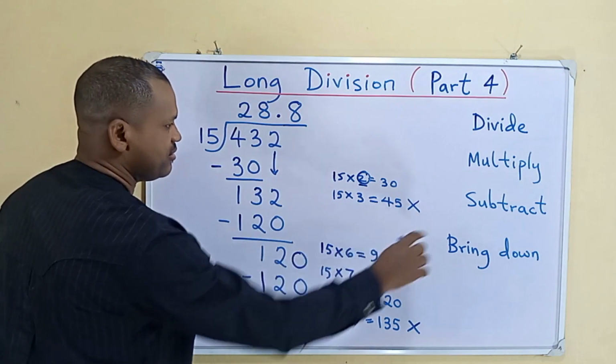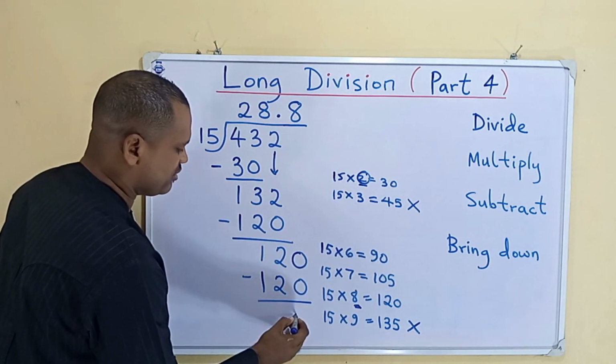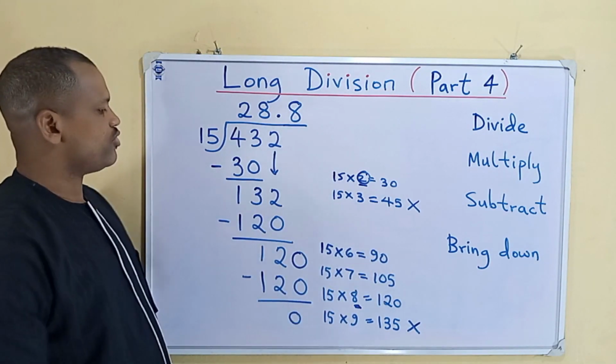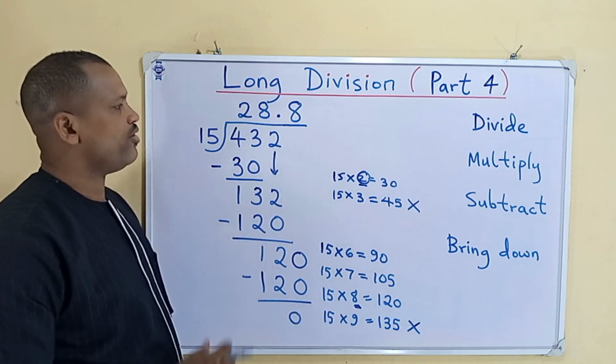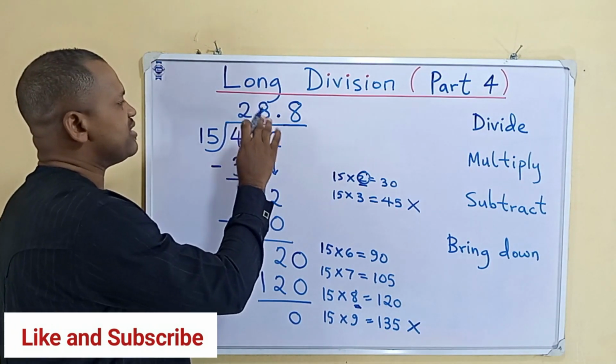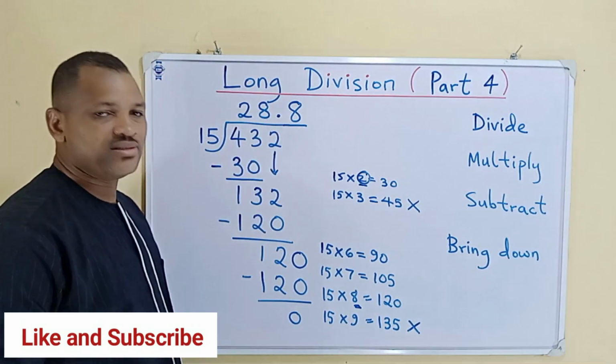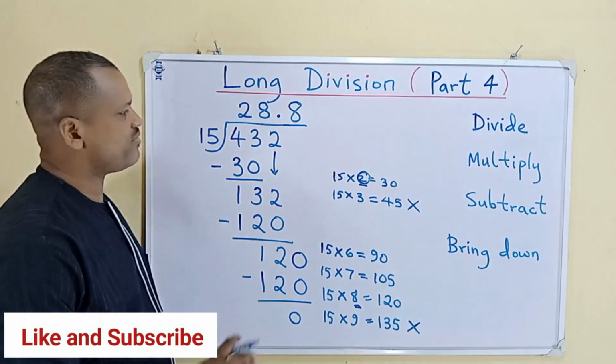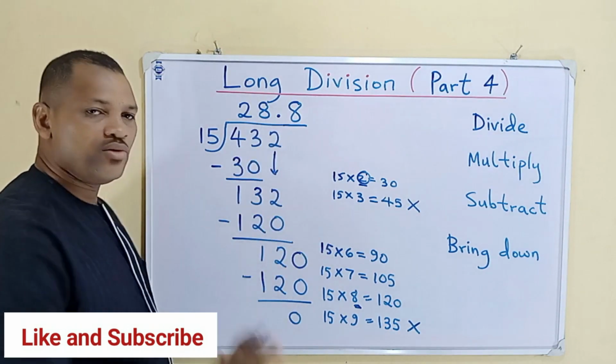Next, you subtract. When you subtract, you get 0. So you have come to the end of this problem. So the answer is 28.8 in decimal form.